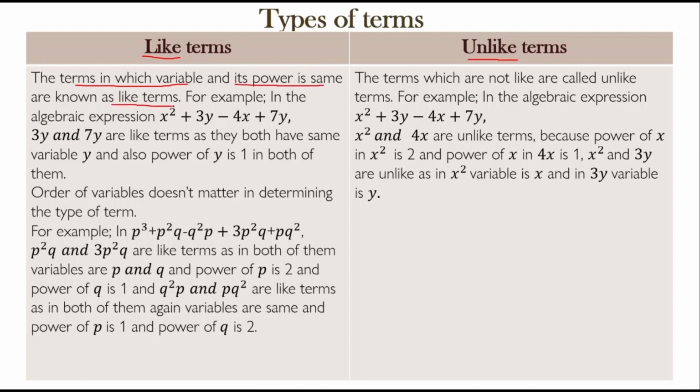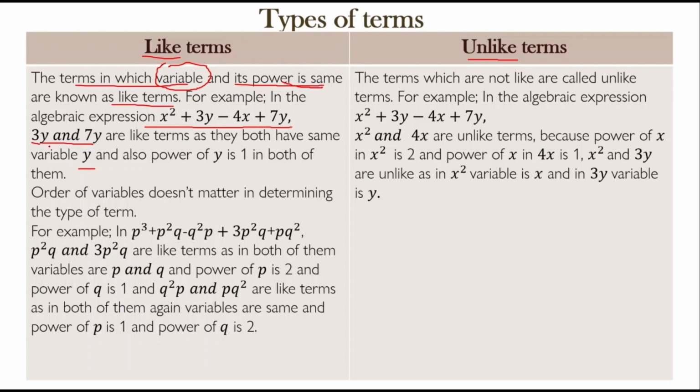For example, in the algebraic expression x square plus 3y minus 4x plus 7y, 3y and 7y are like terms. Why? Just focus on the definition. It says the variable is the same. So check, 3y and 7y both have the same variable in them, which is y. Also, there is one more condition that needs to be satisfied, which is that the power of the variable should be the same.